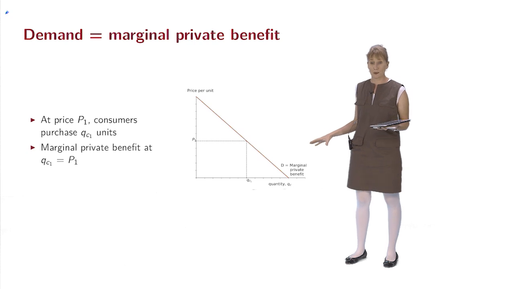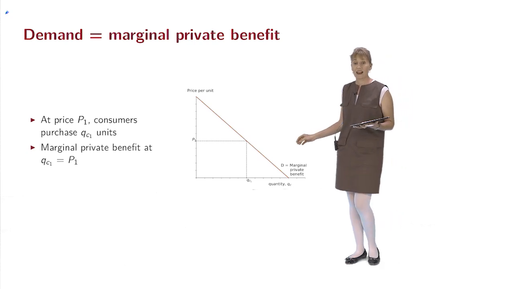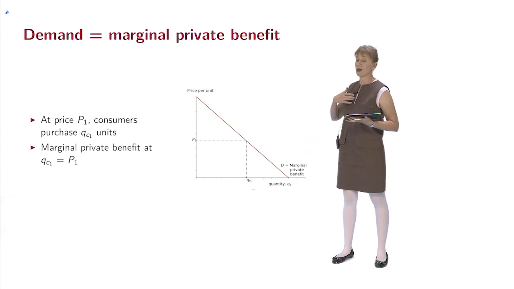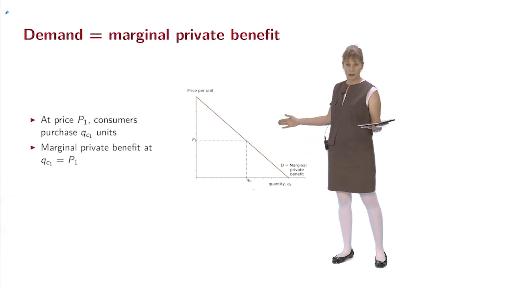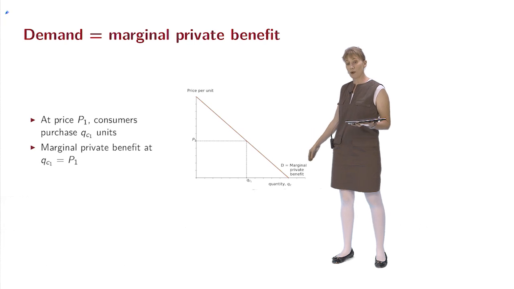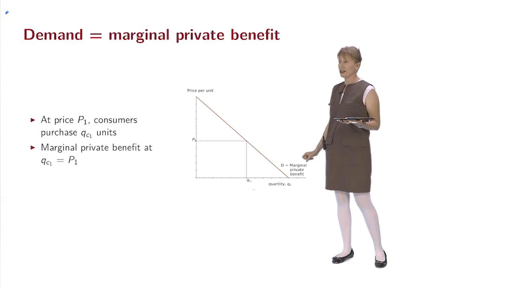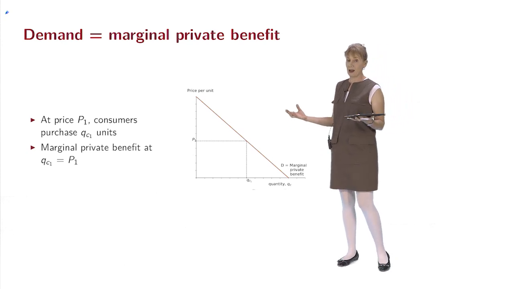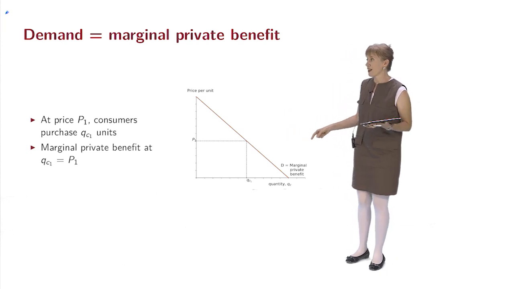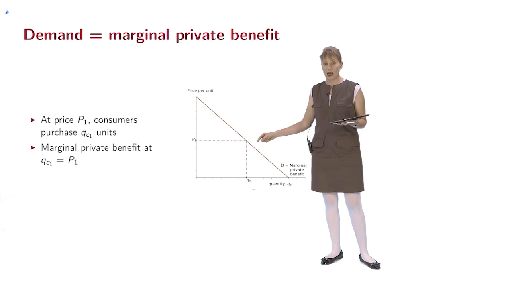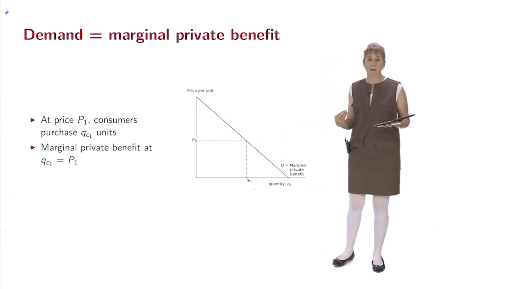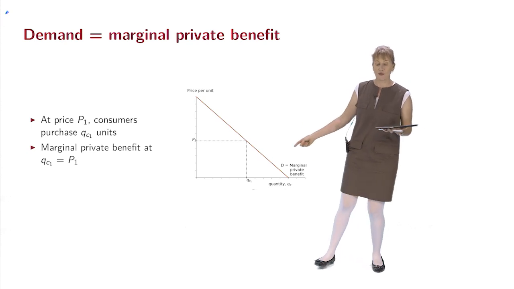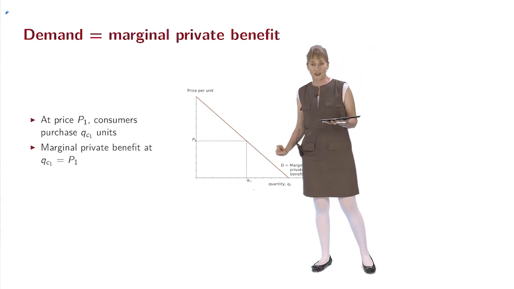concept of consumer surplus. And what I have here is a demand curve for what could be any good in the world. And as we recall before, demand is equal to marginal private benefits. So any point along this demand curve represents the marginal private benefit that a consumer receives from consuming that quantity of a good.